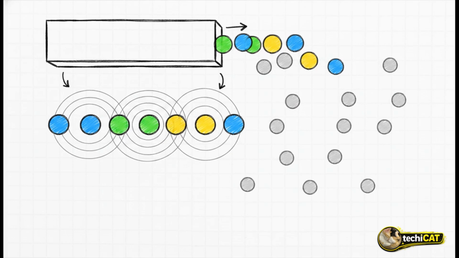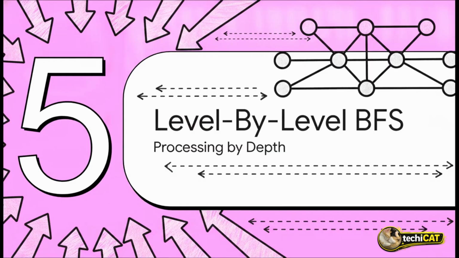You just add all the zeros first. Treat all the zeros as your multiple starting sources and dump them all into your queue right at the start. Then, let the BFS radiate outward towards the ones. The very first time your search hits a 1, you instantly know you found the absolute shortest path to it from the nearest 0. It's a fantastic way to optimize what looks like a really complex grid problem, using that exact same basic template. Next up, Section 5, level-by-level BFS.